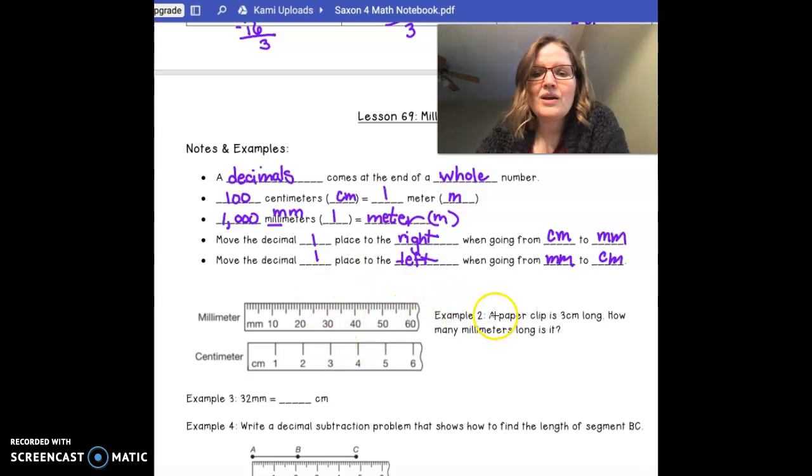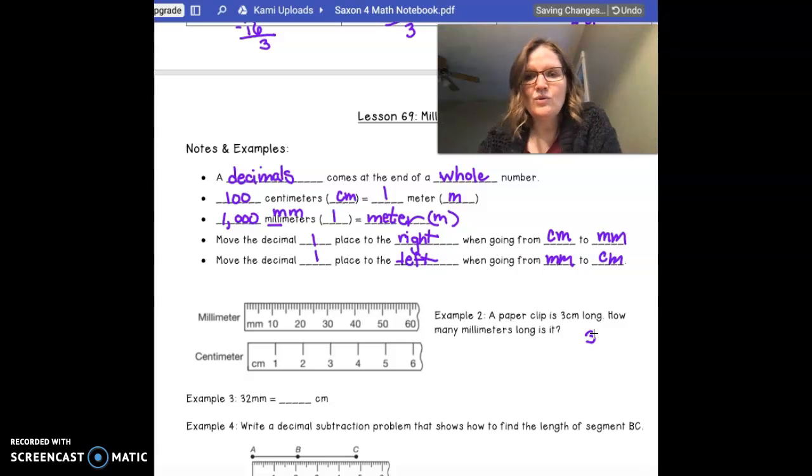So our first example, a paperclip is 3 centimeters long. How many millimeters long would it be? If we follow our formula, we have 3 centimeters, and we move our decimal over. Our decimal, we would think of it as being right here, but we're moving our decimal one place to the right. So we move it to right here, and we get 30 millimeters. So 3 centimeters equals 30 millimeters.